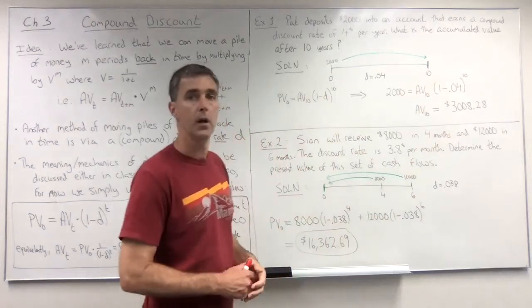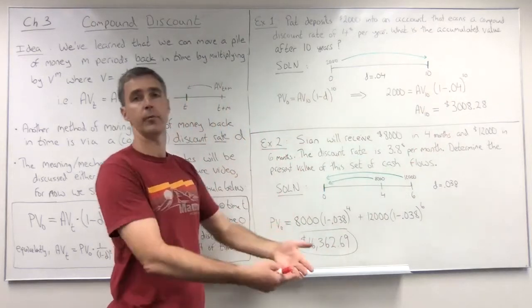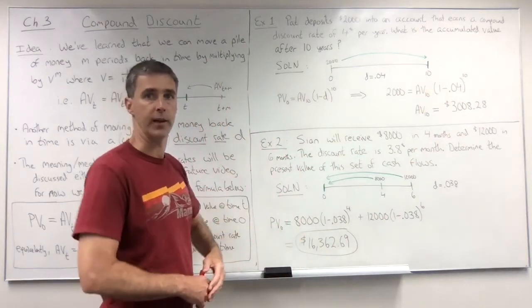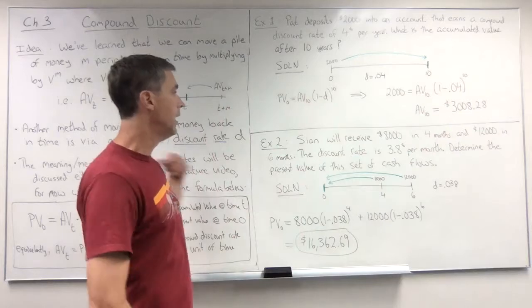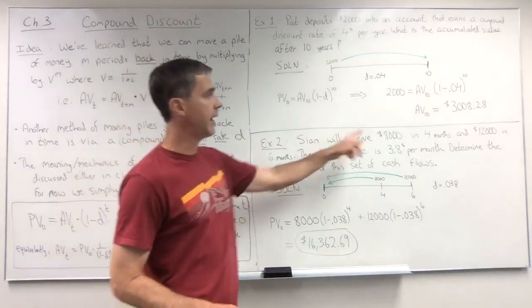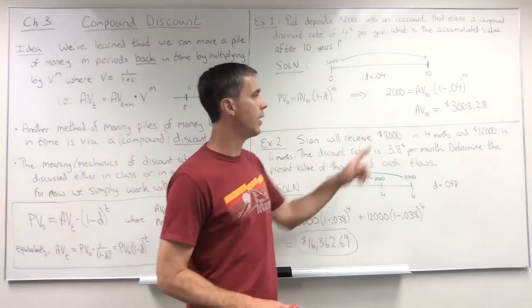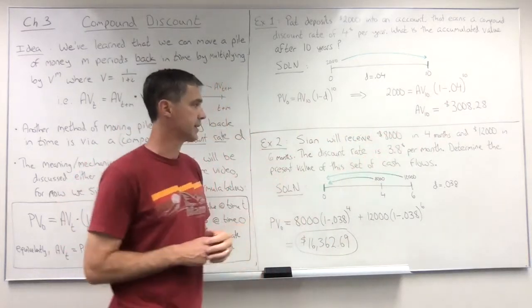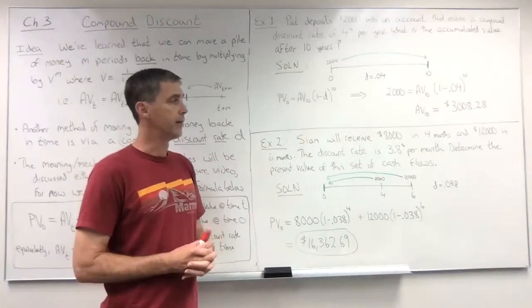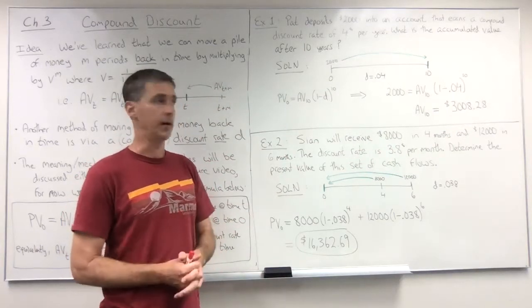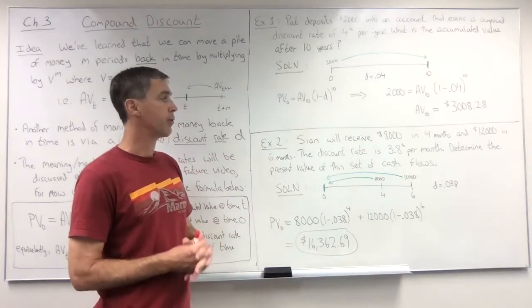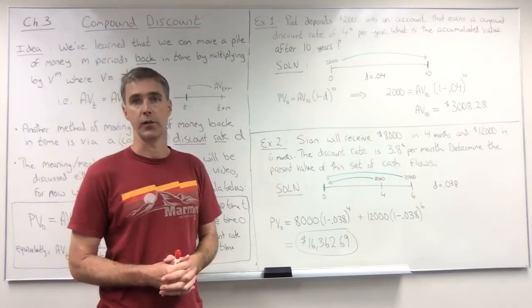Let's do example 2, which is more about dragging money back, which might feel slightly more natural given the formula. Sean is going to receive $8,000 in 4 months and $12,000 in 6 months. We have a discount rate of 3.8% per month. Determine the present value of this set of cash flows.